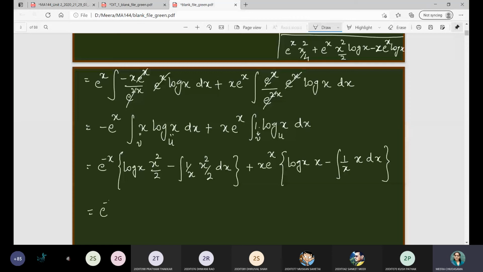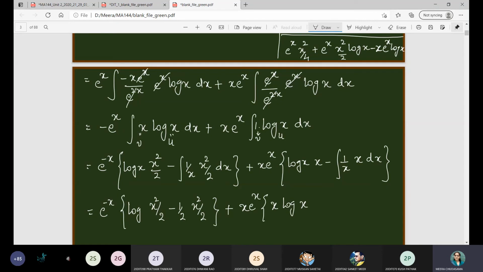So this is nothing but e raised to x, minus x log x square by 2 minus, if you see this one, 1 by 2 I can consider common, the remaining quantity is x and its integration is given by x square by 2, plus x into e raised to x as it is. After that we have the term x log x.